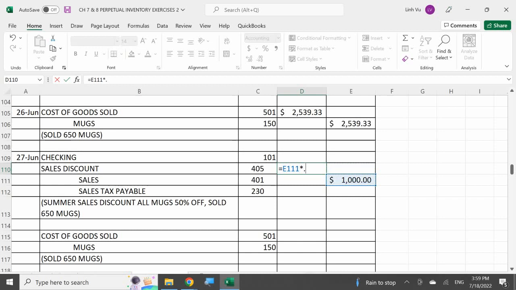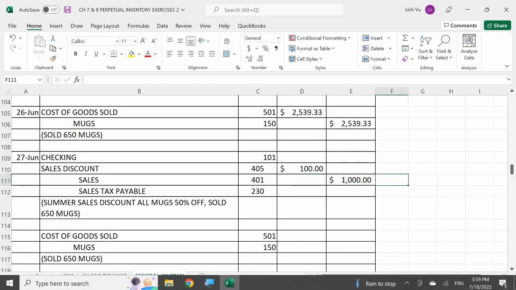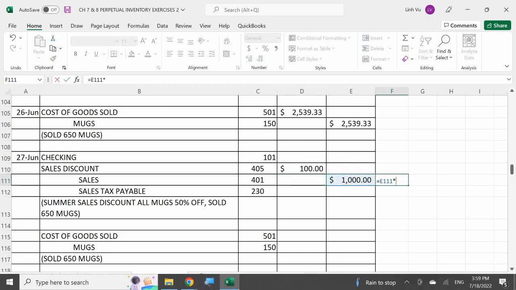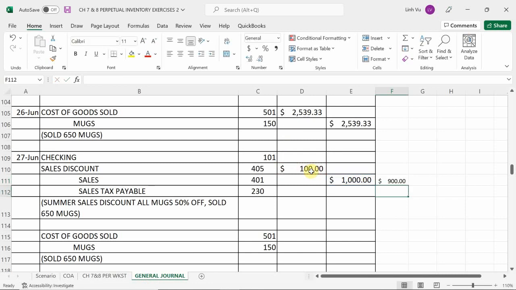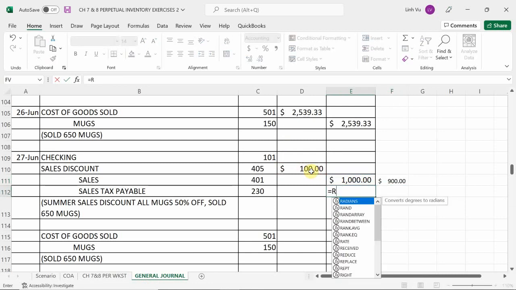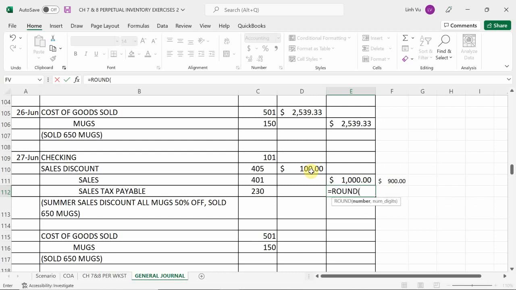Because that's how much I discounted. $100. So the total amount that I actually sold was $900. There we go, $900. So how much tax am I going to charge based on that discounted price of $900?